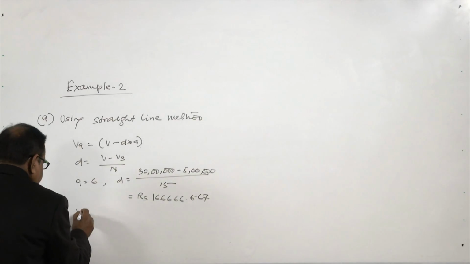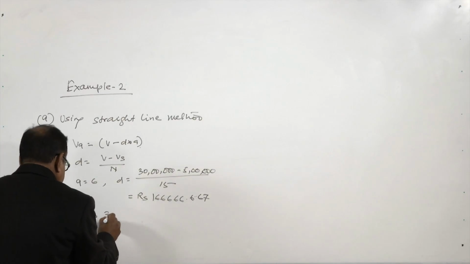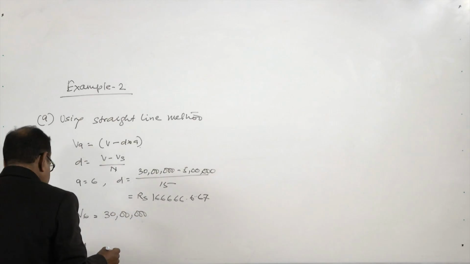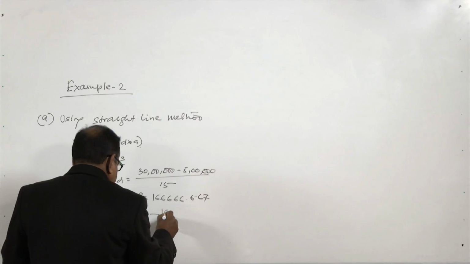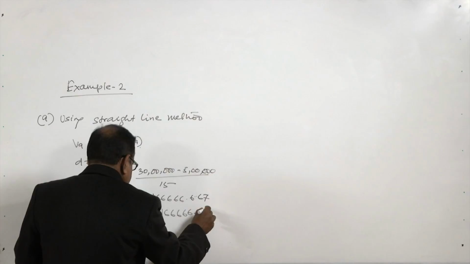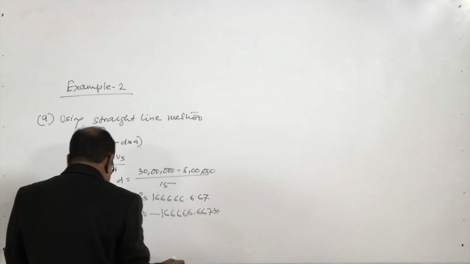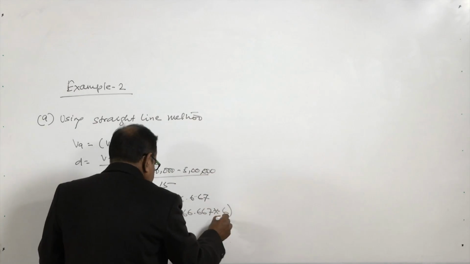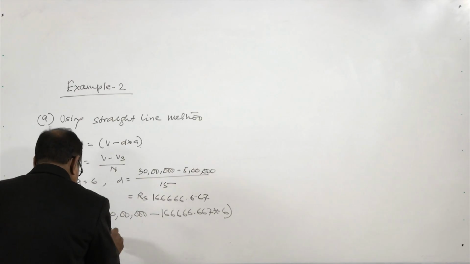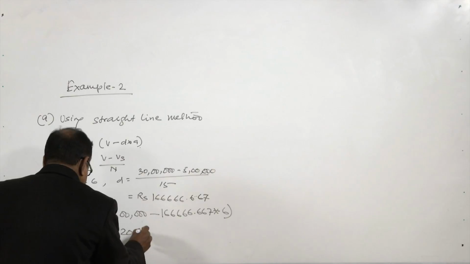So, V6 is 30 lakhs minus 1,66,667 into 6. This comes out to be rupees 20 lakh.